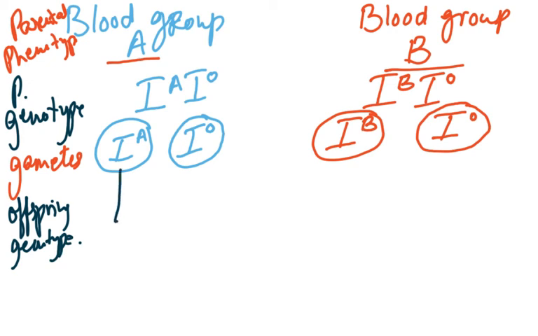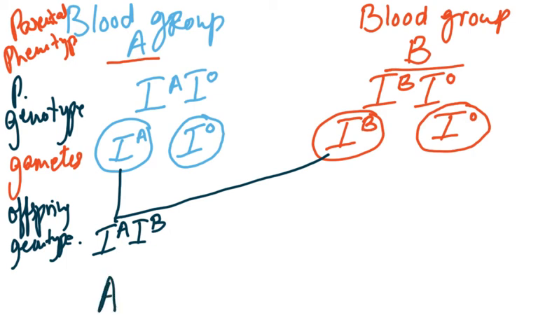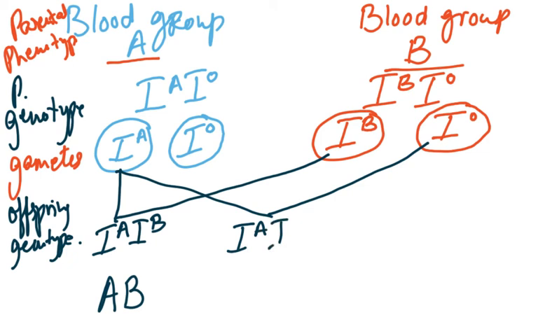Now if this sperm fertilizes this ovum, then the offspring will have the genotype IAIB, and this will be blood group AB. But if this sperm fertilizes this ovum, these are all probabilities, then this will be IAIO. If this one fertilizes, then we have IBIO.